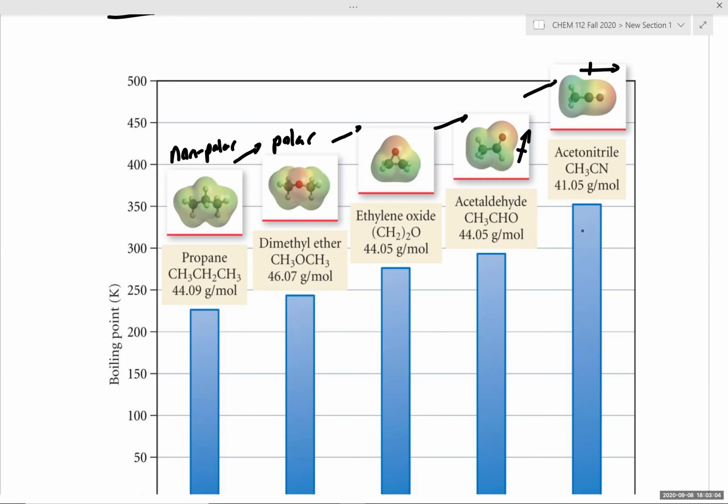Does everyone see that trend from this graph? As our dipole moment increases, our boiling point increases. Perfect. Any questions on this example?